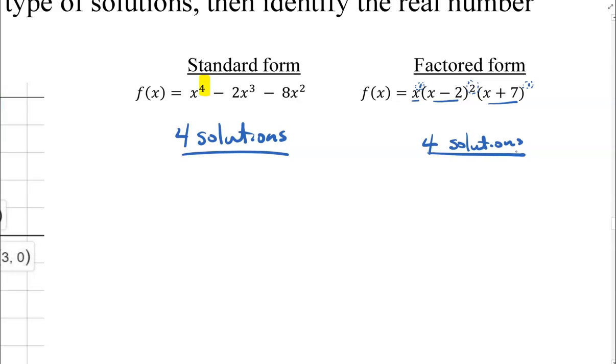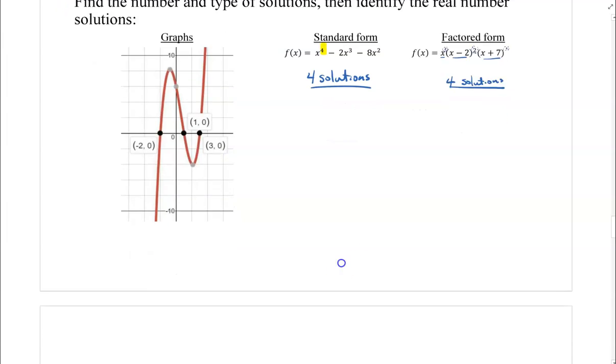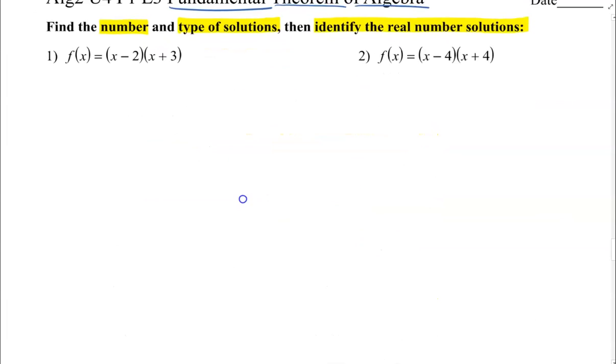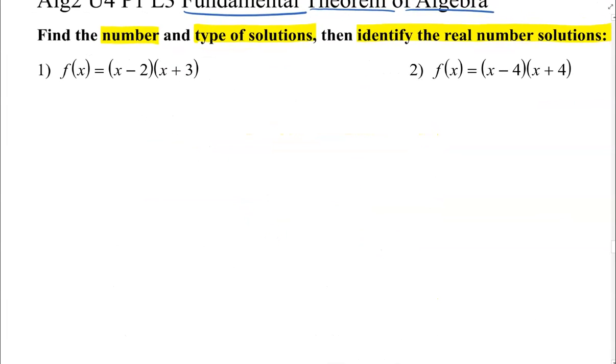And so we should be able to tell how many solutions there are by looking at the exponents in the factored form. We can determine if the solutions are real or imaginary based on the methods that are necessary to solve.